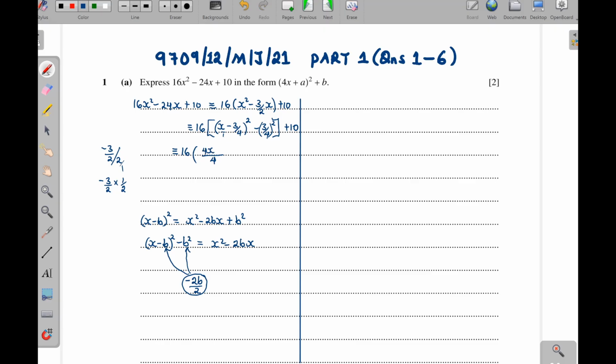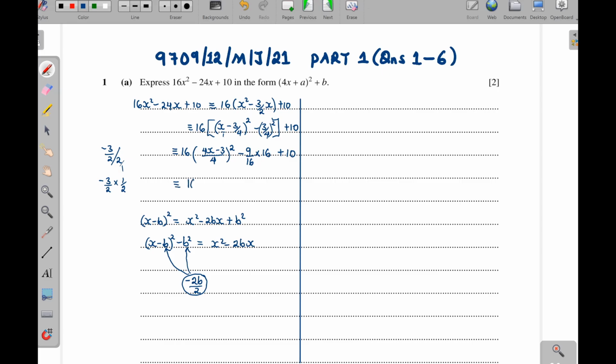Not so? And then 4 divided by 4, you get a 1, then times this negative 3. Then we shall get a minus 3 there, then squared. And then this 16 is also supposed to multiply with whatever is here. So we have minus, this will be 9 over 16 when we square the 3 over 4, then times the 16 that is coming from outside, okay? Then we shall add on the 10.